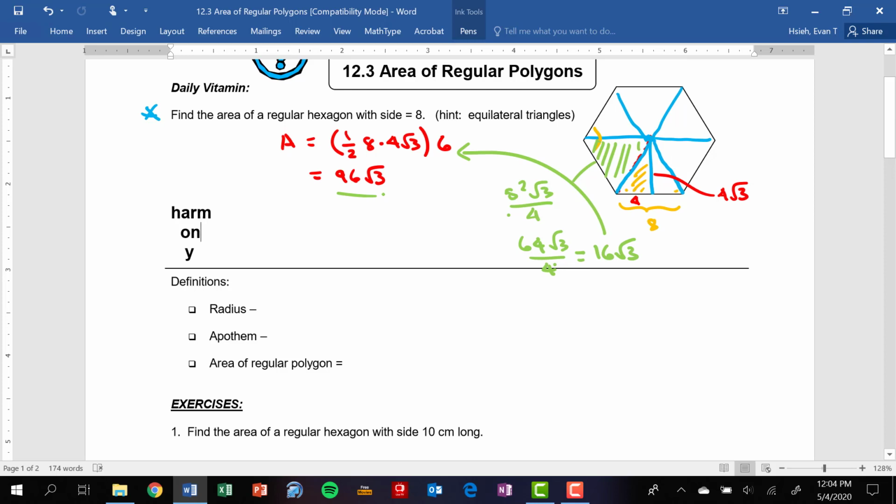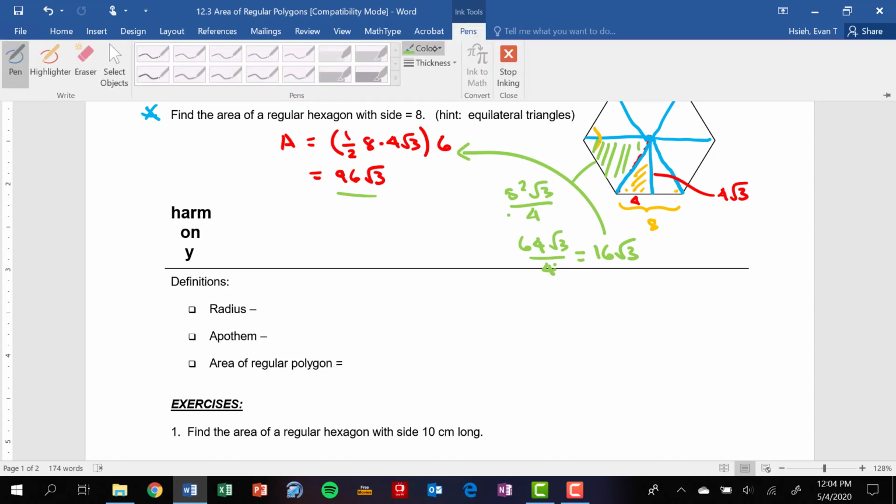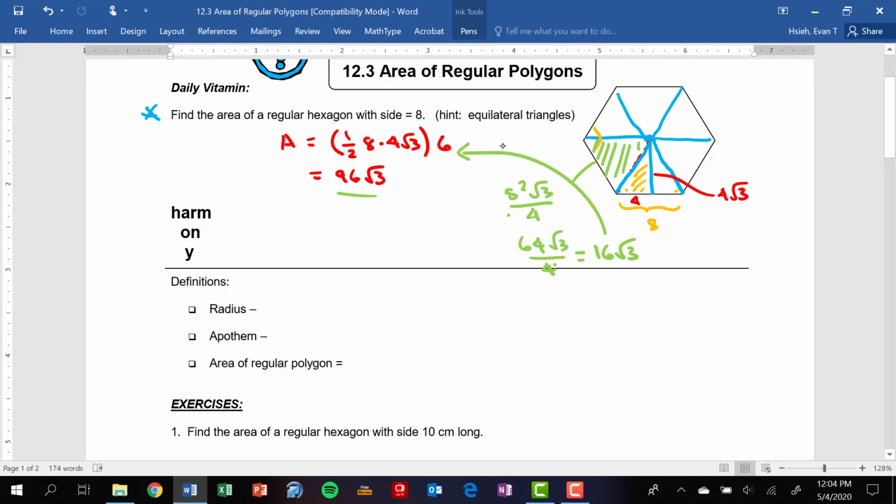There's also a handy-dandy area of a regular polygon formula, and I'm going to show you that. Let's erase this here.